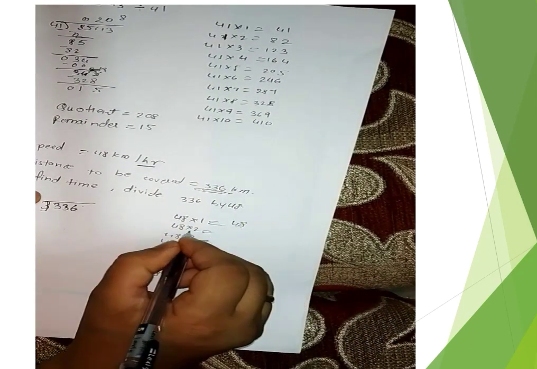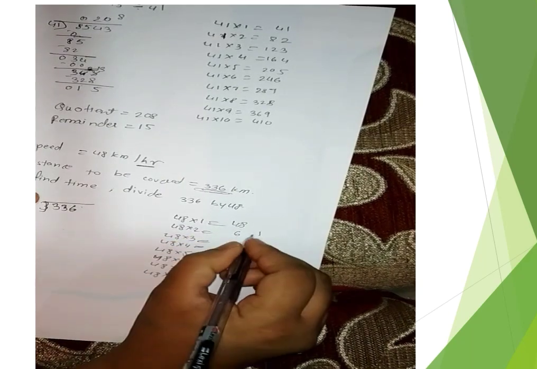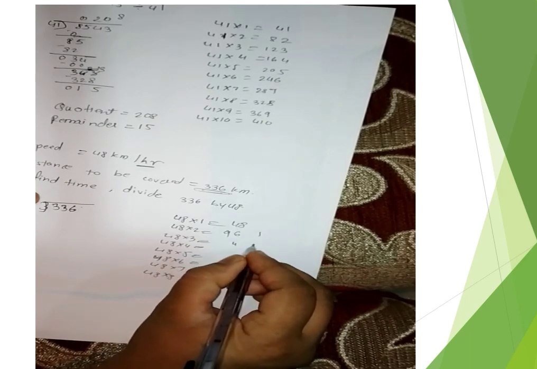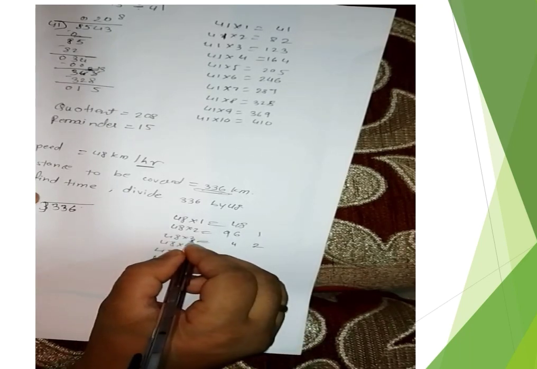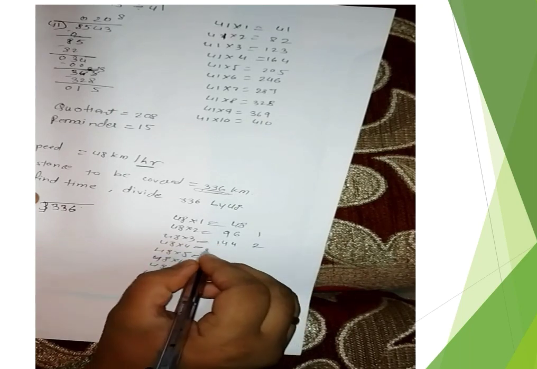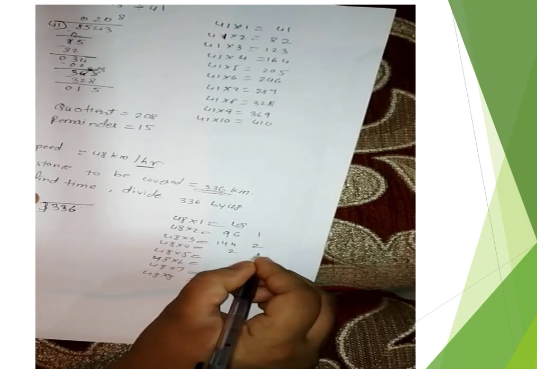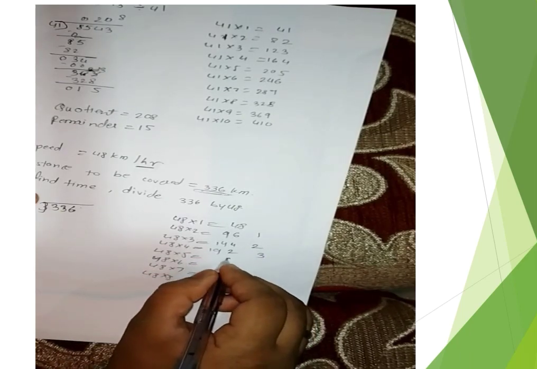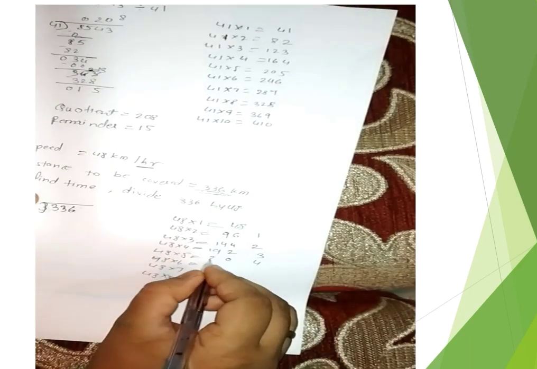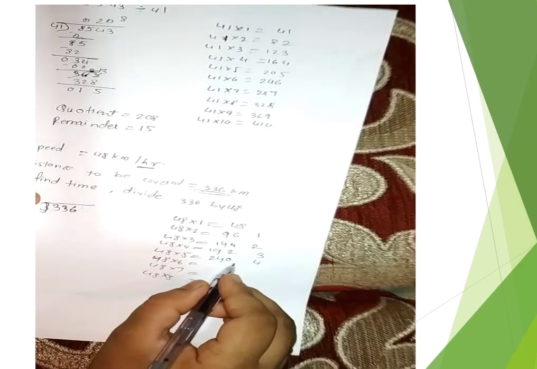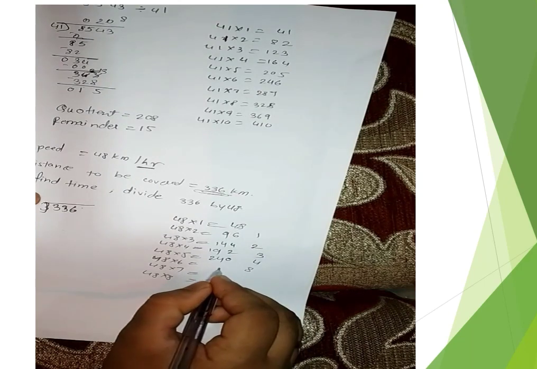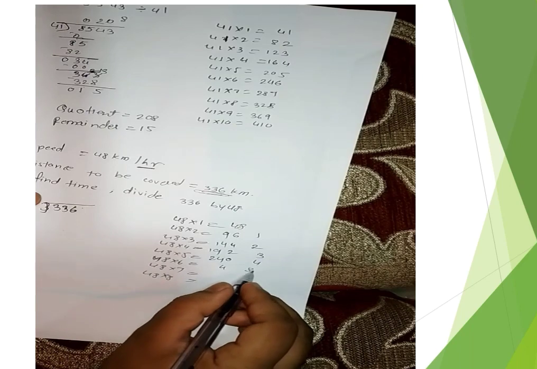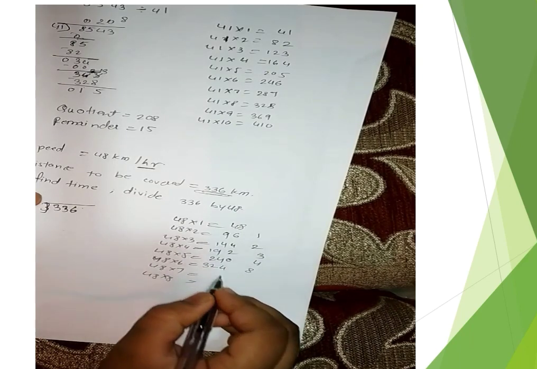48 ones are 48. 2 8s are 16, 1 carries. 4 2s are 8 plus 1 is 9. 8 3s are 24, 2 carries. 4 3s are 12 plus 2 is 14. 4 8s are 32, 3 carries. 4 4s are 16, plus 3 is 19. 5 8s are 40, 4 carries. 5 4s are 20, plus 4 is 24. 8 6s are 48, 6 4s are 24 plus 8 is 32.